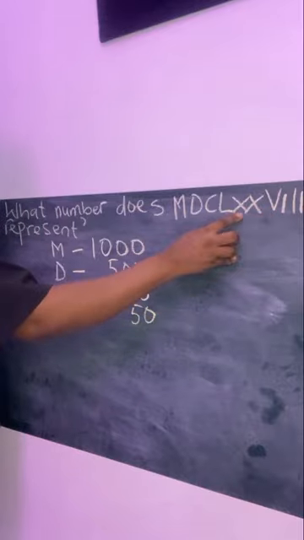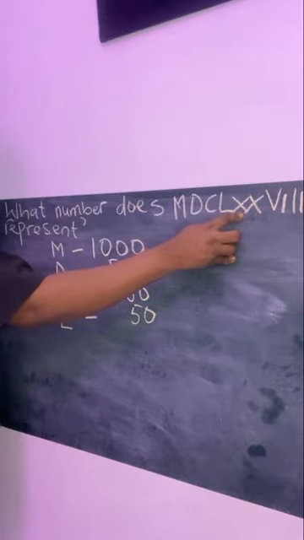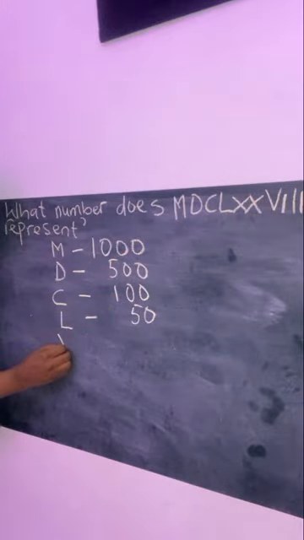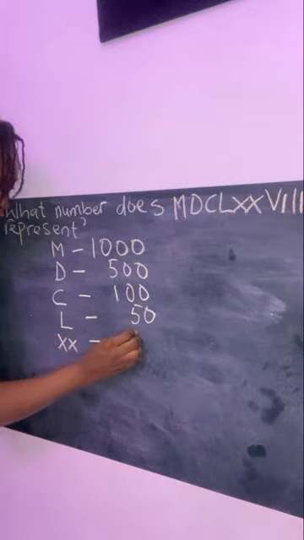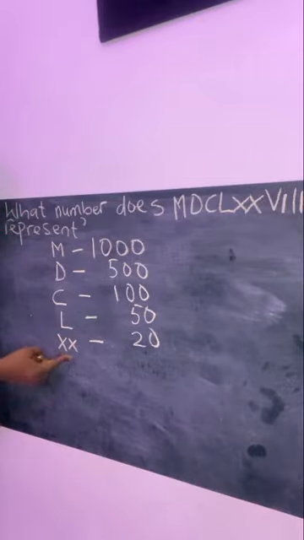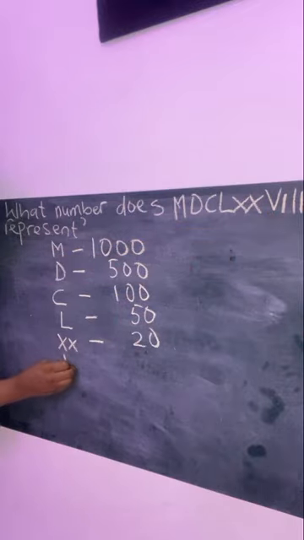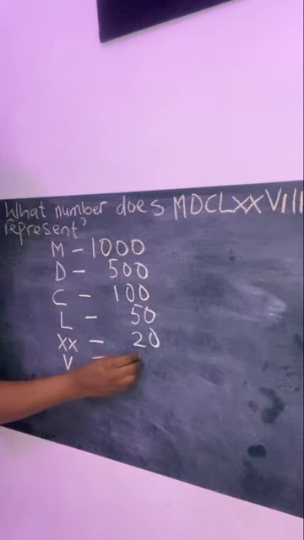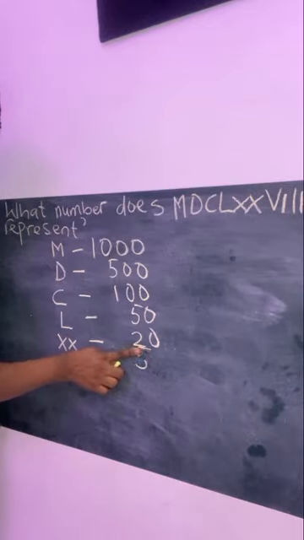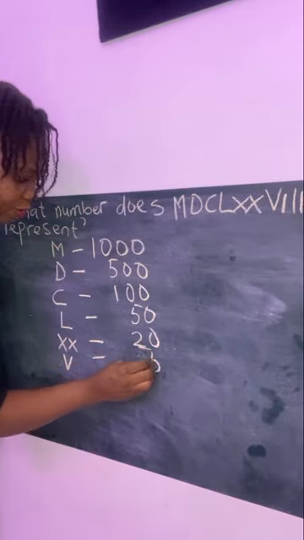Then we have two X here, XX. XX is what? That is 20. Then we have our V. V stands for 5.